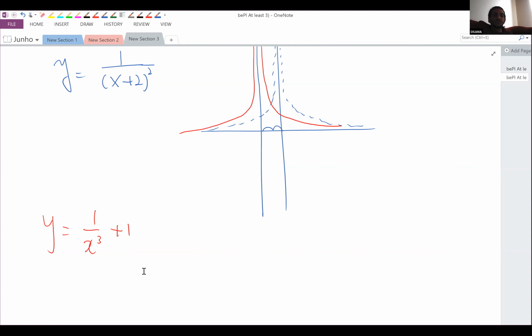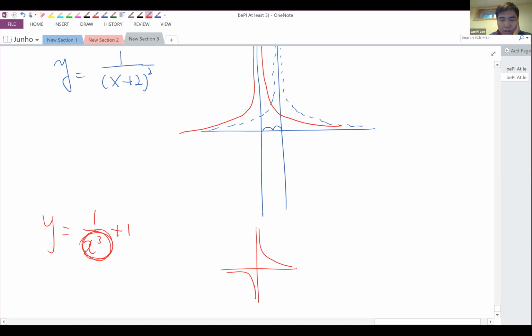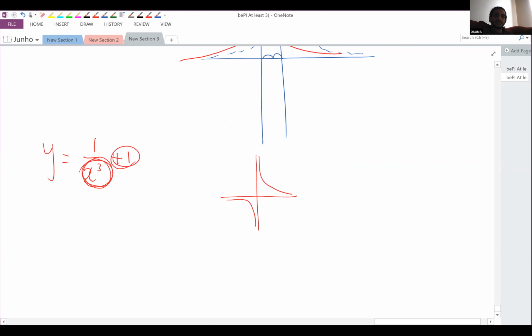What about positive 1? Because the 1 is not with the x, basically there's nothing moving horizontally here, right? So it's still based on this shape. Now we figure out the plus 1 value here, which is on the y-axis.